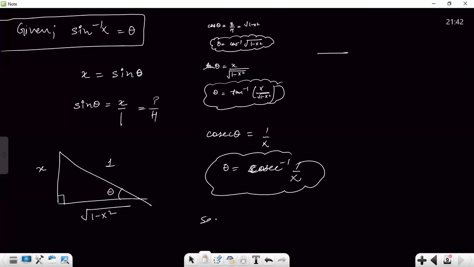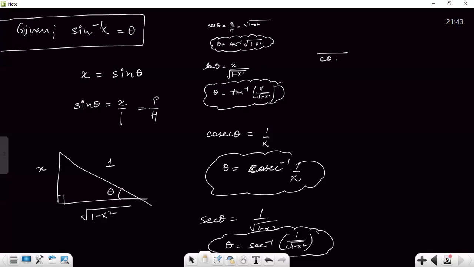What is sec theta? Sec theta is 1 by cos theta. Cos theta was square root of 1 minus x square. So 1 by square root of 1 minus x square. Theta becomes sec inverse of 1 by square root of 1 minus x square. This is another format that we wanted to find out.